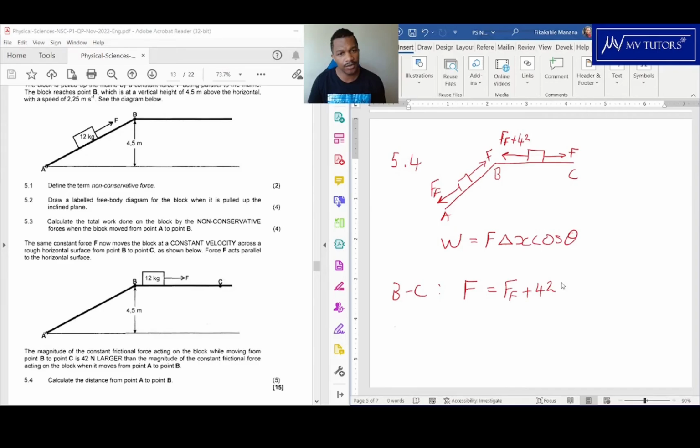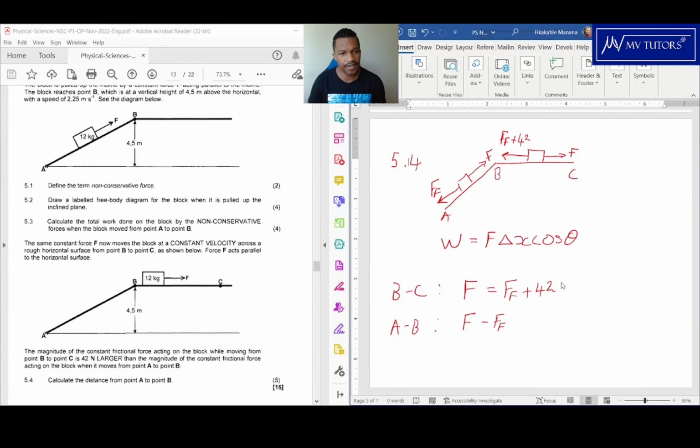Then we'll take that F to point A to B. We're looking at A to B now, and we have that F is also opposing the friction force. But we can write this F in terms of the friction force since it's the same force.